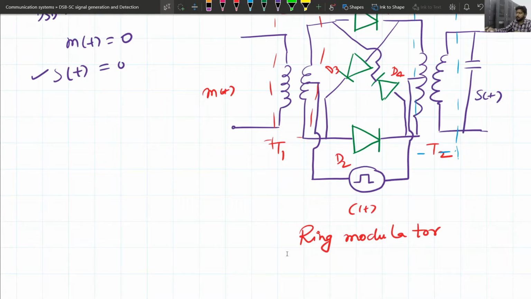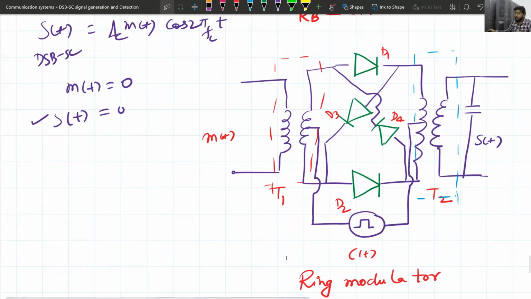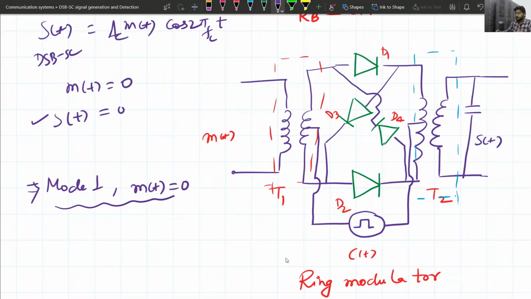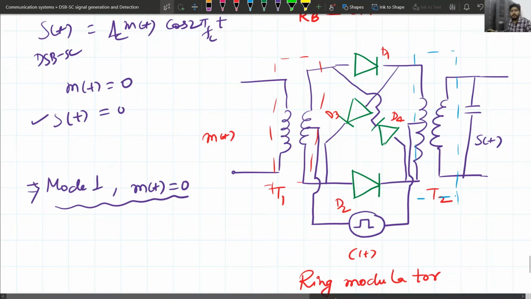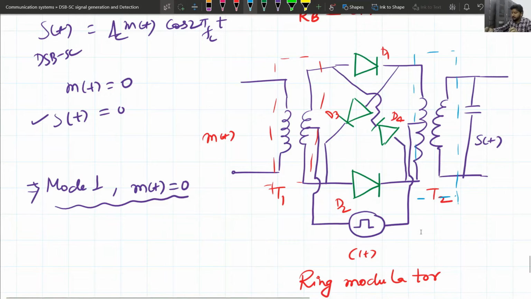Let's start with mode 1. For mode 1, let's say m(t) is equal to 0. This is mode 1, and in mode 2 we will take a non-zero value of m(t).